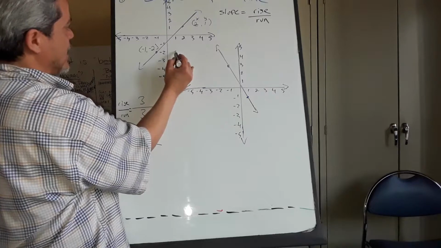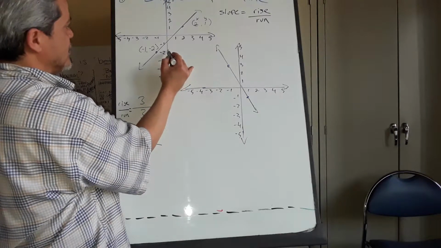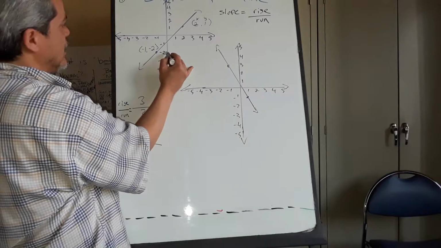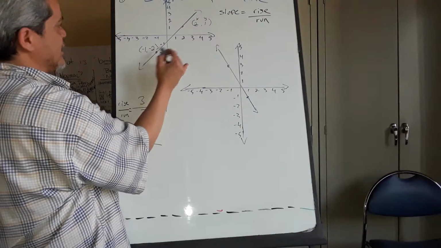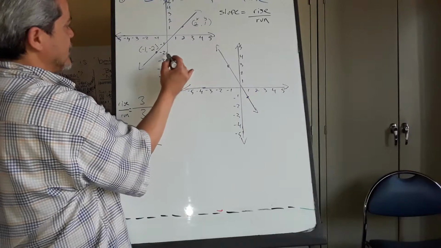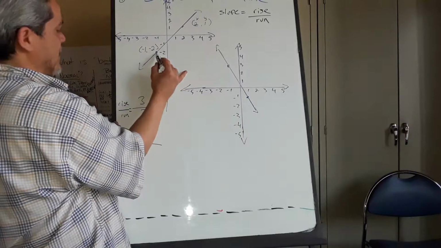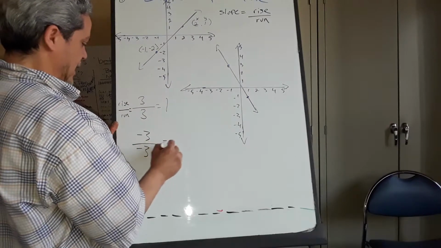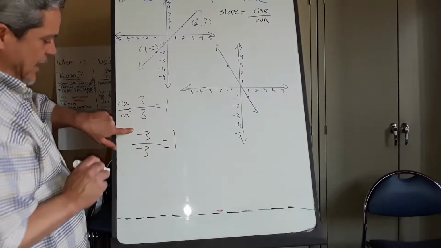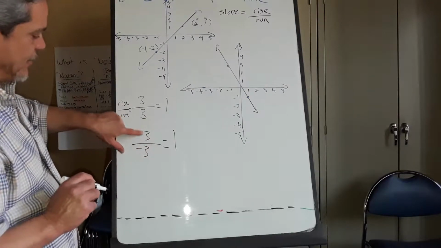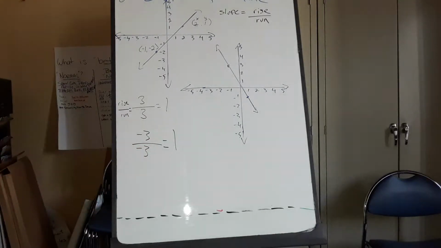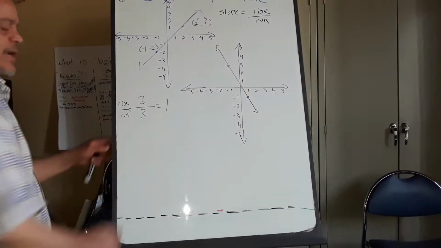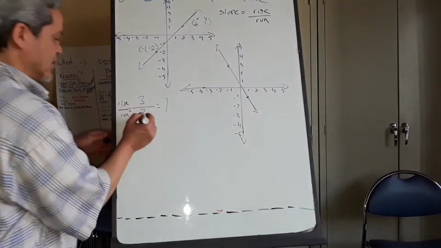So from 2 to 1, that's 1. From 1 to the y-axis is 2, and from the y-axis to -1 is 3. So that's 1, 2, 3, and it's negative because it's going to the left. Again, that is 1. A negative and a negative give you a positive, and 3 divided by 3 is 1. I just wanted to show you that it doesn't matter which direction you take. It's still going to be the same slope.